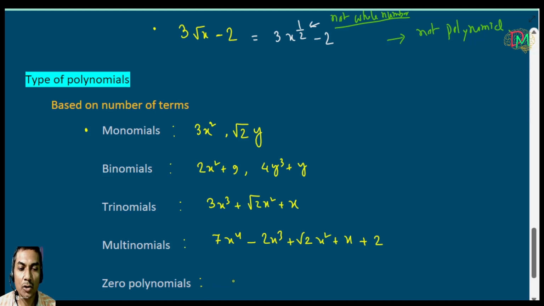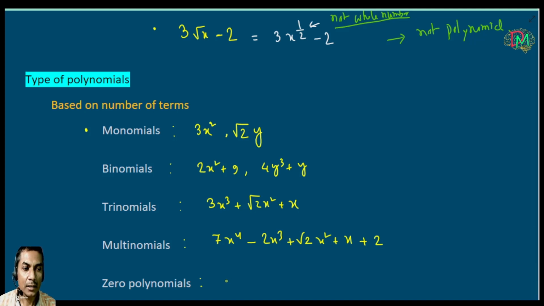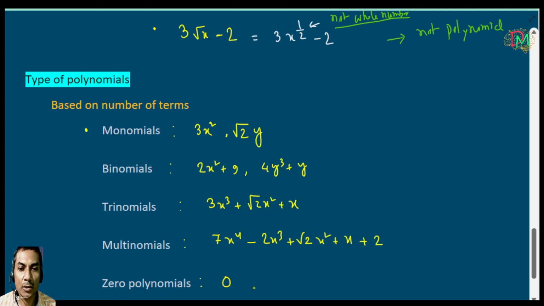So what is a zero polynomial? A zero polynomial is neither monomial, binomial, nor trinomial, it is only zero, meaning the value is zero. If the value of the entire polynomial is 0, then you can say it is the zero polynomial, meaning there are no variables.